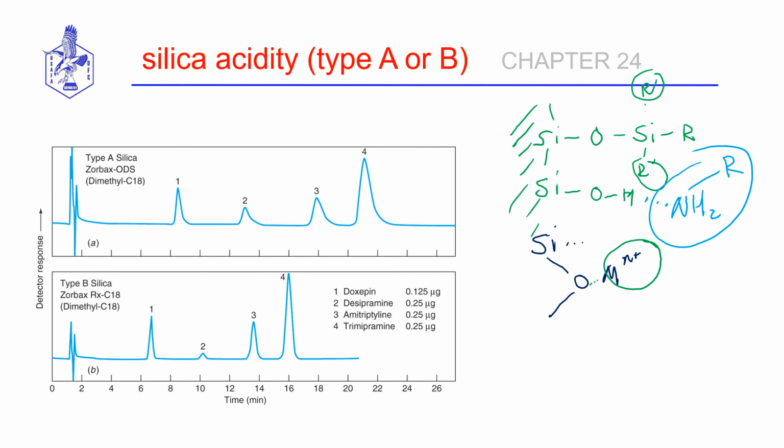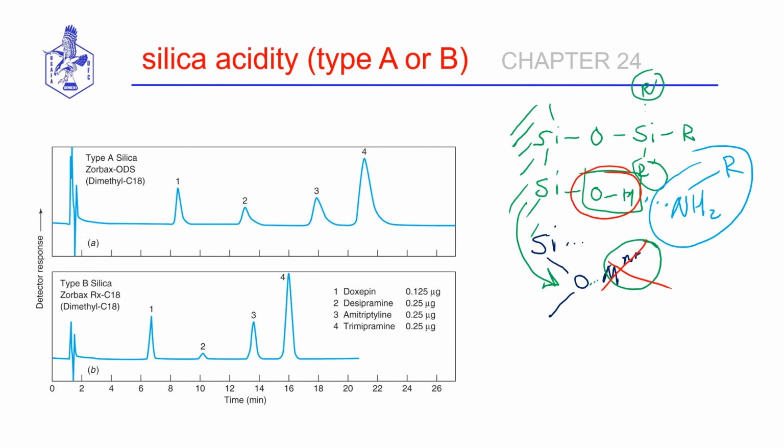So if you've got an oxygen adjacent to another silicon that has a metal group affiliated with it, it makes this oxygen even more electron withdrawing, making this group even more acidic. So if we can get rid of metal contamination off the surface, we're going to make this silanol site less acidic and behave as a lower acidity silica.